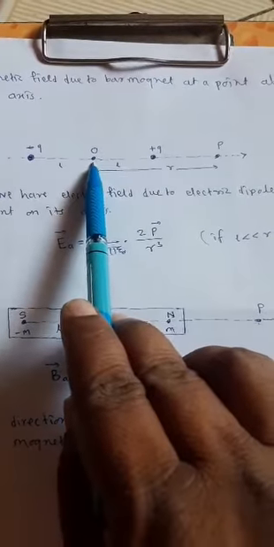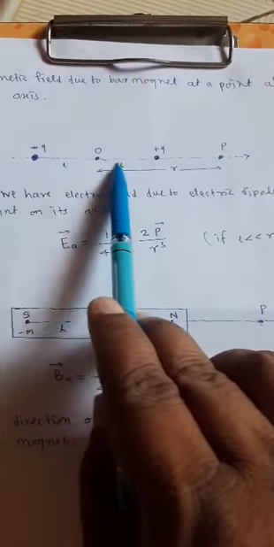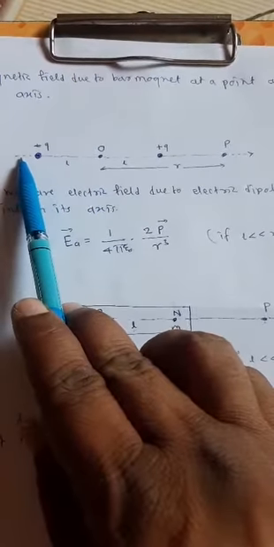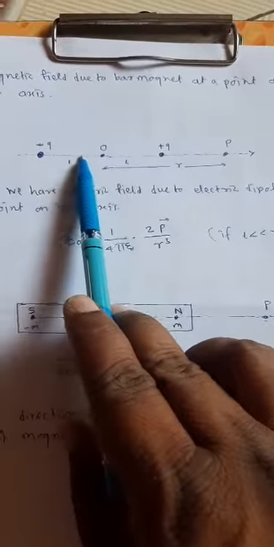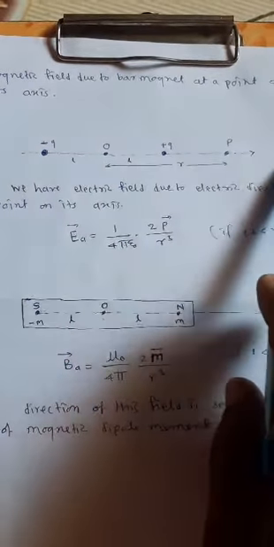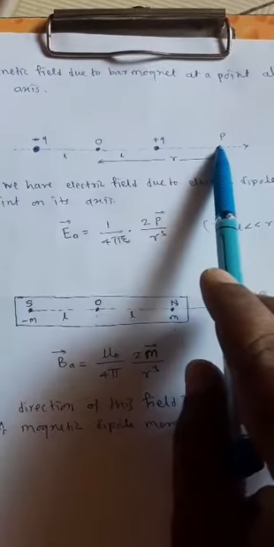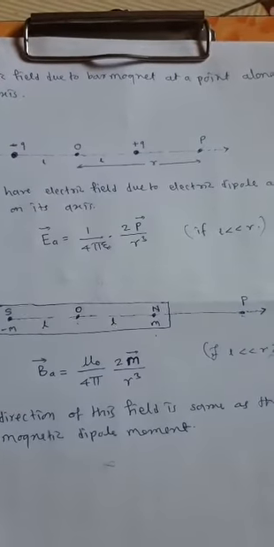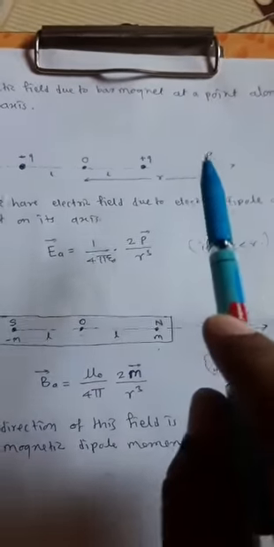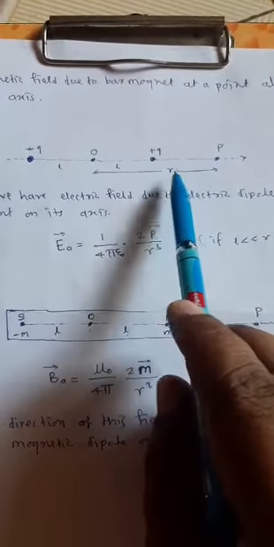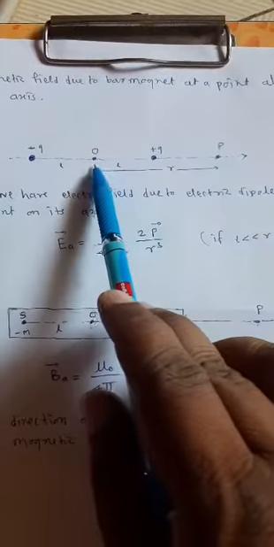O is the center of this dipole, 2l is the length of this dipole. This is the axis. What is the axis? The line passing through the two electric charges of the dipole is called the axis, and let us consider point P is situated on the axis of the dipole, at a distance r, where r is the distance of the point P from the center of the dipole.